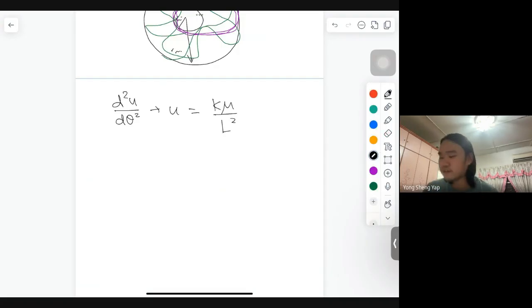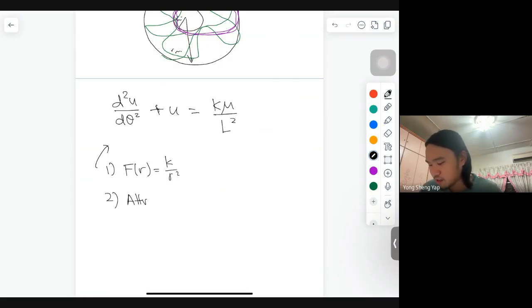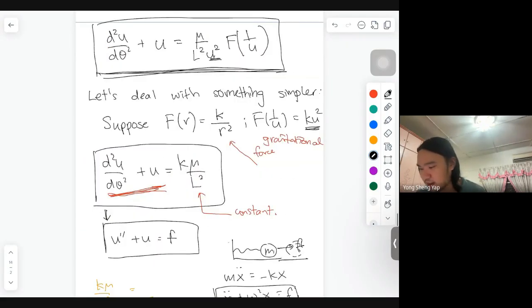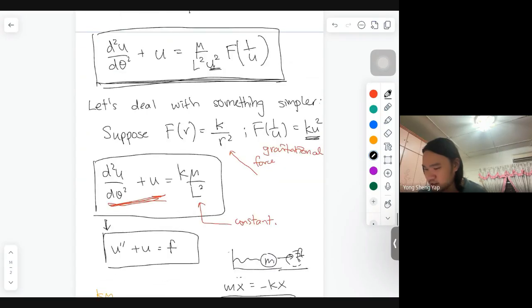Okay. Remember that we derived this. So first of all, it's for f of r proportional to 1 over r squared. And the second thing is that this was for an attractive force. Remember, this was for an attractive force. Okay, that's the force. This attractive force sign was enforced upon here.